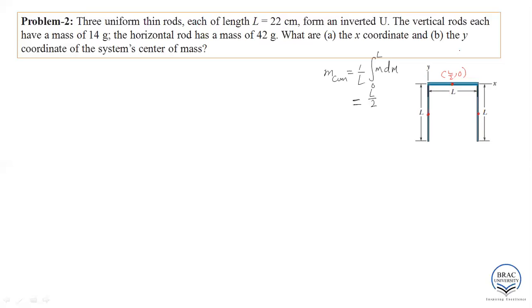So this is the coordinate of the horizontal rod, and the coordinate of the left vertical rod is minus L by 2, and here it is L, minus L by 2. So these are the coordinates of the centers of mass for these three uniform thin rods.